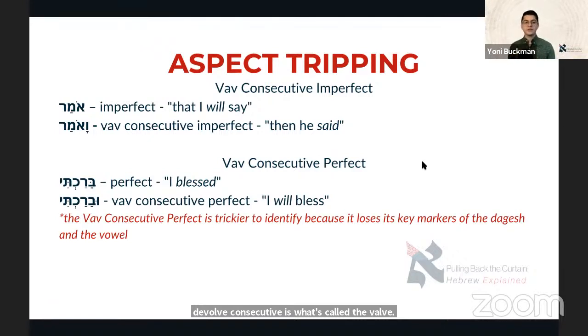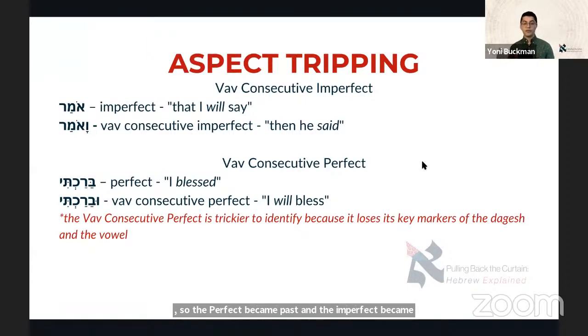And the reason for that is because when we talked about aspect last time, where the perfect means a completed action and the imperfect means a not yet complete action, in modern Hebrew, and this is true also biblically, most of the time a completed action will correspond nicely to a past action because you've done it. Modern Hebrew got away from aspect and moved toward tense, so the perfect became past and the imperfect became future.